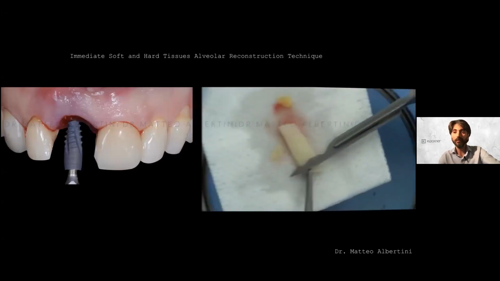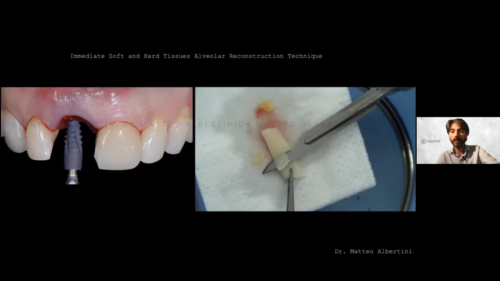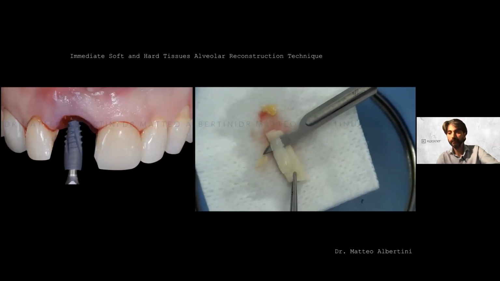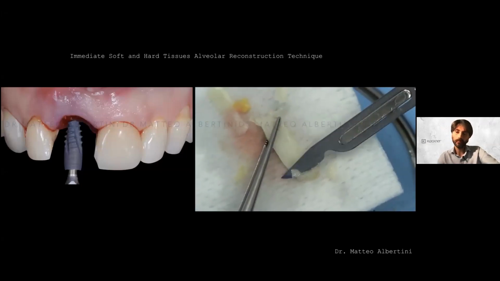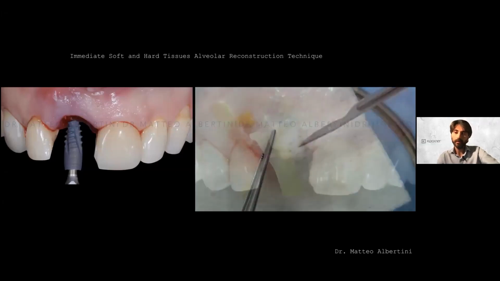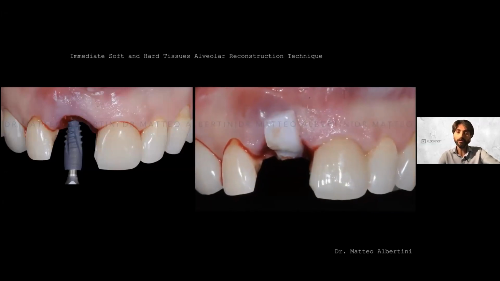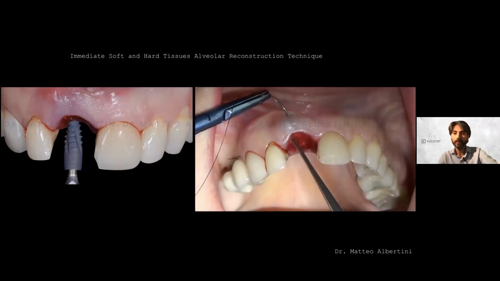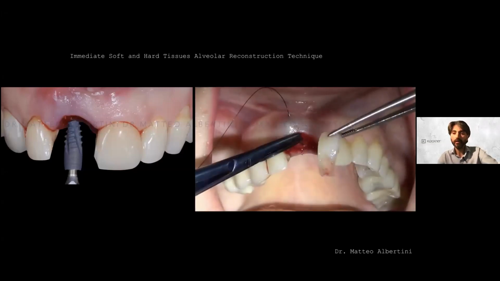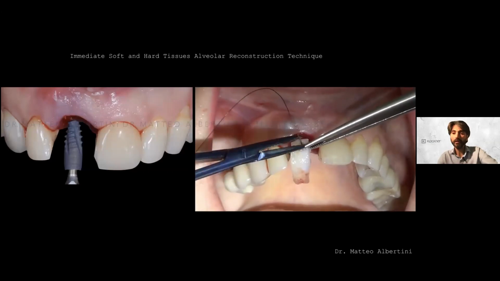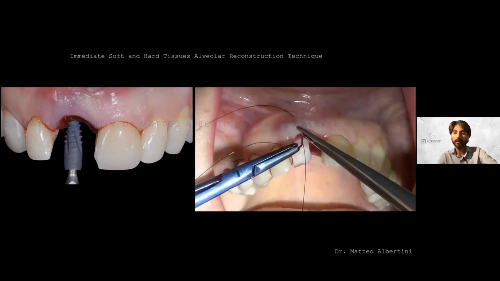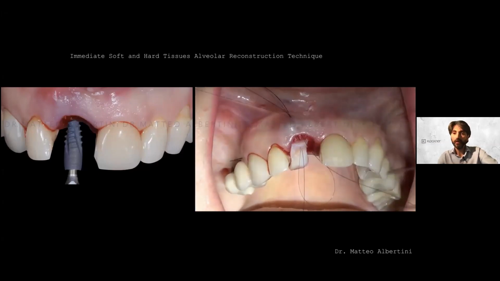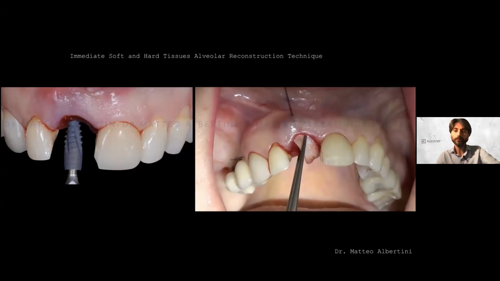So we have to de-epithelialize the graft very carefully. This is a very stable tissue, very white and stiff. So we have to be careful and to insert this graft externally to the membrane and internally to the flap. And we use this suture. This is a 5-0 suture.